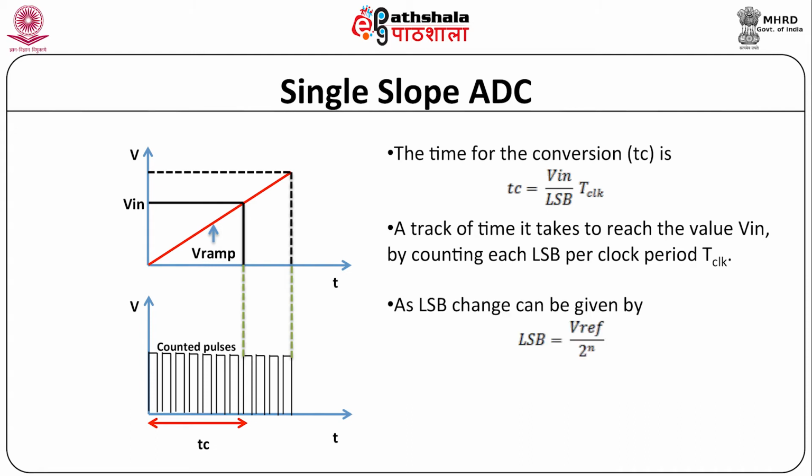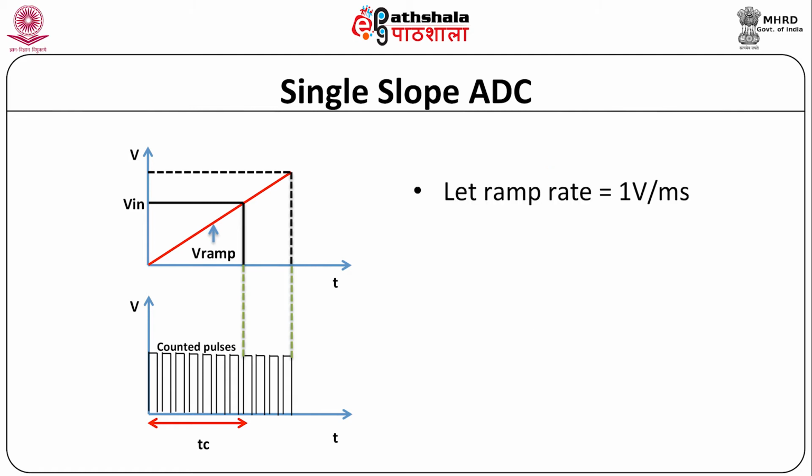As the LSB change can be given by LSB is equal to V reference upon 2 raised to n, the conversion time is given by TC, that is equal to V in upon V reference into 2 raised to n into T clock.